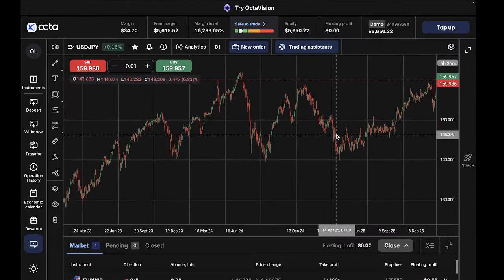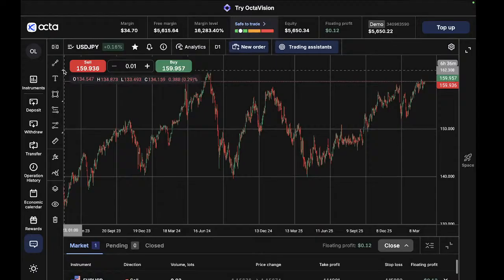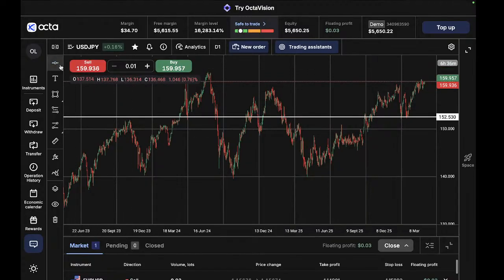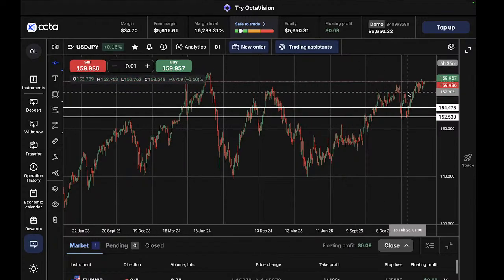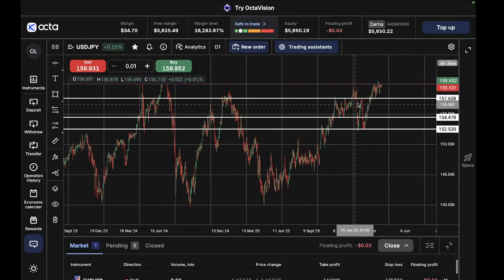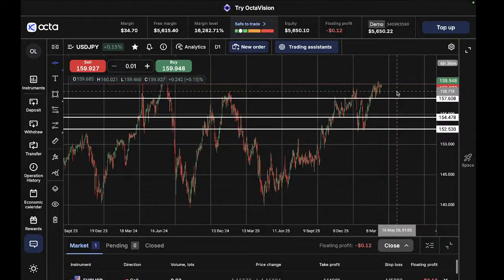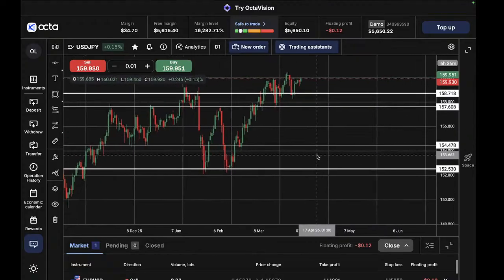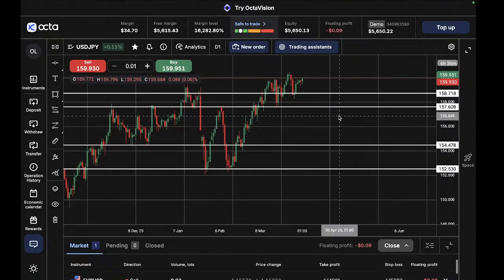So from USD JPY, let's do this. So here now we see I've been able to map out levels of support and resistance, which is very, very key to our analysis.